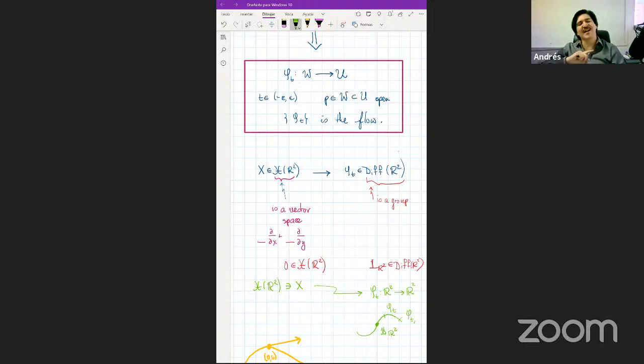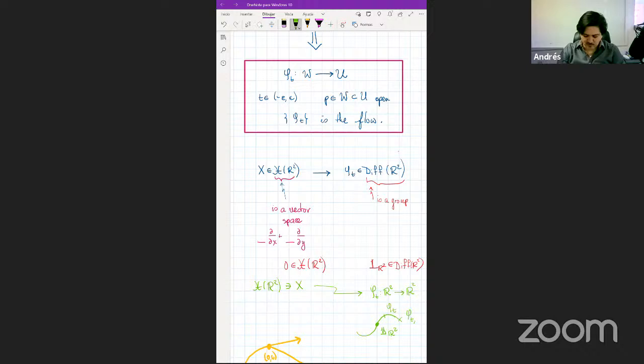So you constructed a family of diffeomorphisms. And exactly what it means is in this infinite dimensional group, diffeomorphisms, you found a path of diffeomorphisms.